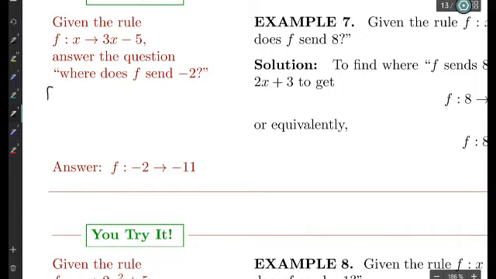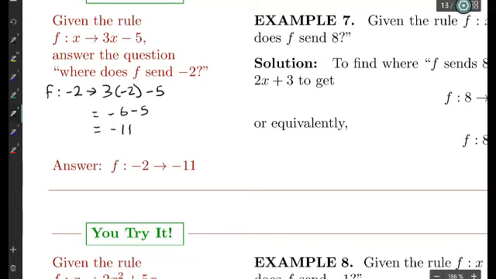Well, we would have f of negative 2 and send that to 3 times negative 2 minus 5, which is negative 6 minus 5, which is negative 11. So the answer is the function takes negative 2 and maps it, or pairs it, or sends it to negative 11.